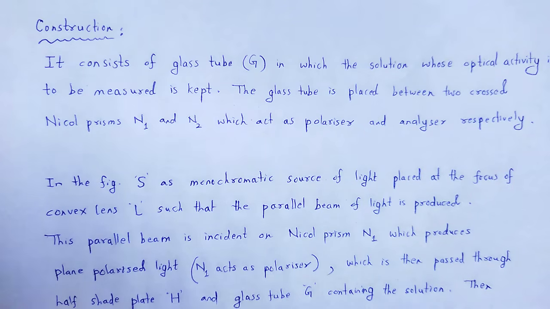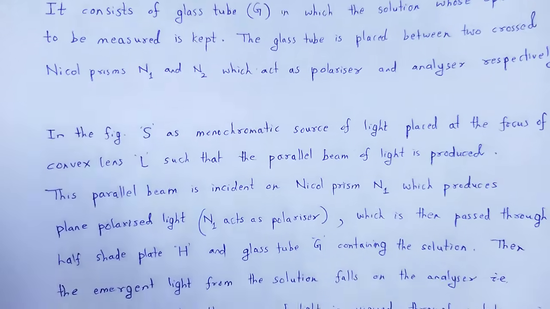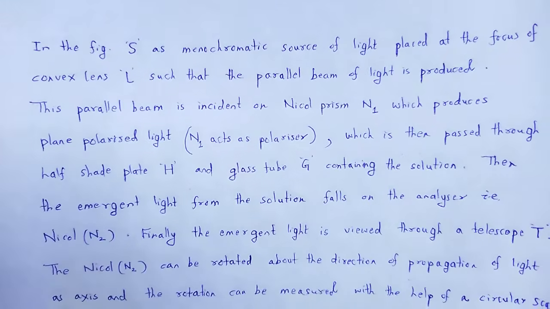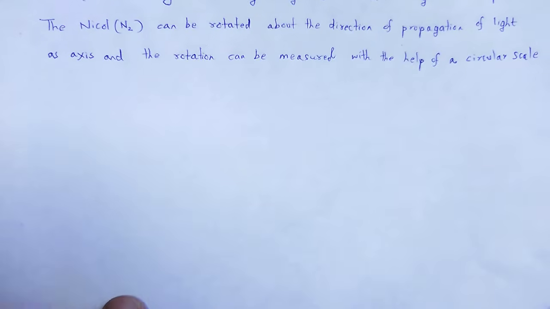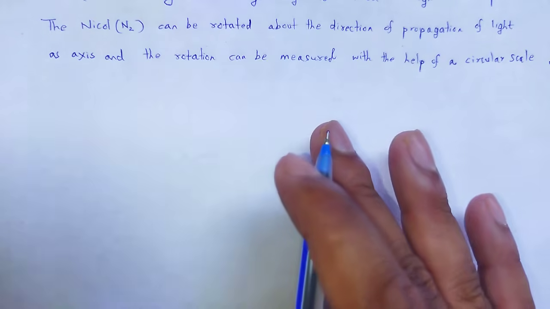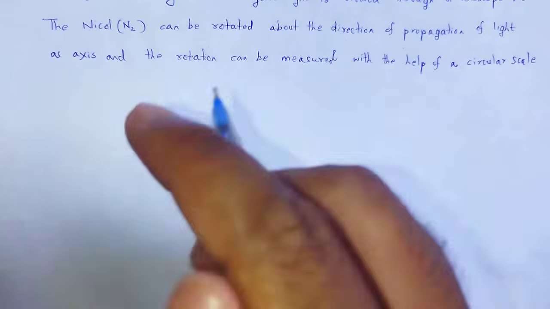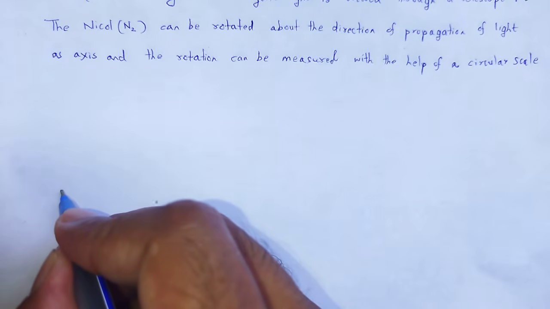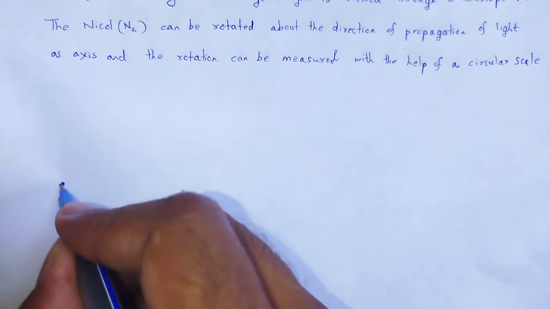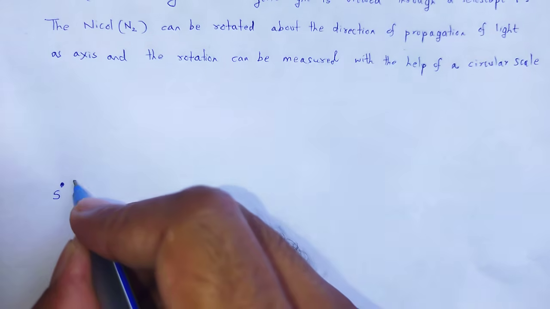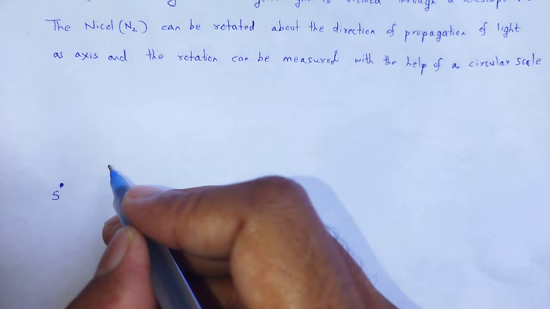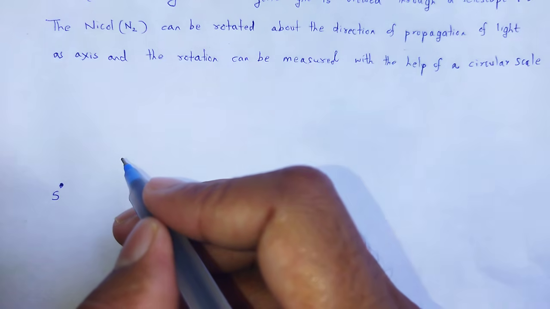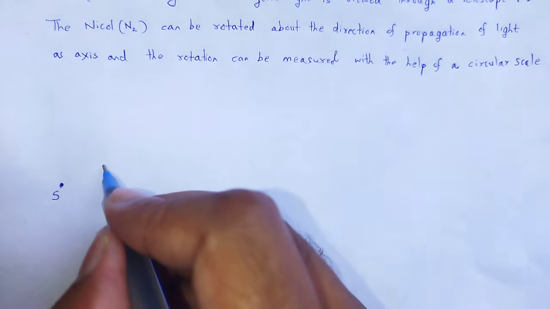First, the construction. A monochromatic source of light, and a convex lens is used.